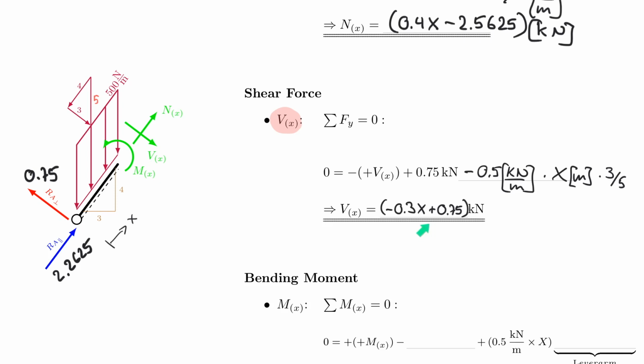Once again, I can run x from 0 to 5. And if I plug in 0, I need to find 0.75, which is the case here. So that concludes the shear force. And I think we're on a good track here.